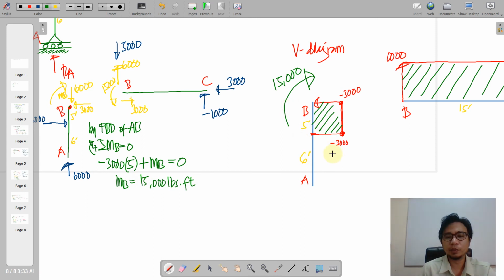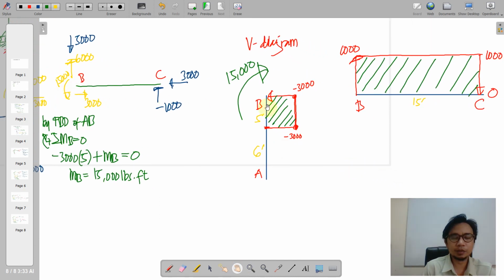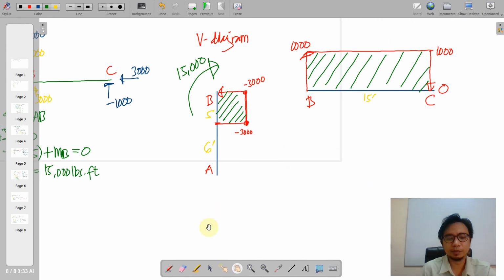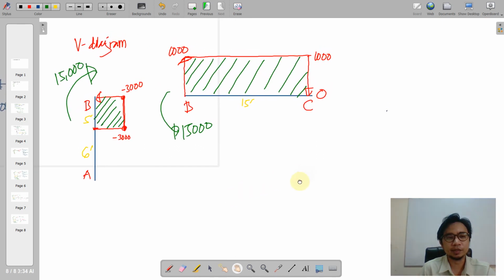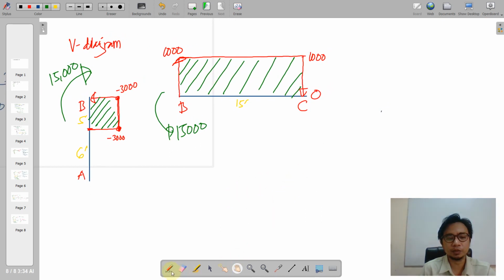So we're going to place that on the column, and then for this, we have a counterclockwise moment on beam BC that will be just equal to 15,000. So we have completed our basis in the moment diagram, so we're going to draw now.